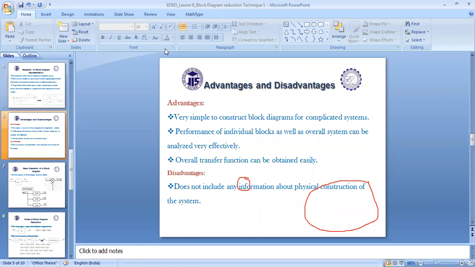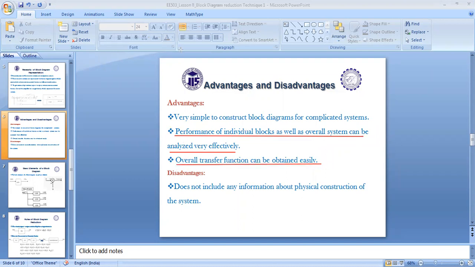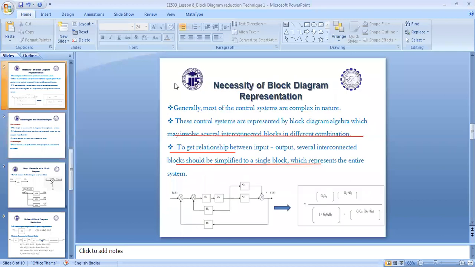So this point gives us the facility to analyze individual blocks and overall system performance effectively. Next point is that the overall transfer function can be obtained easily. See here, let us again move to the previous slide.